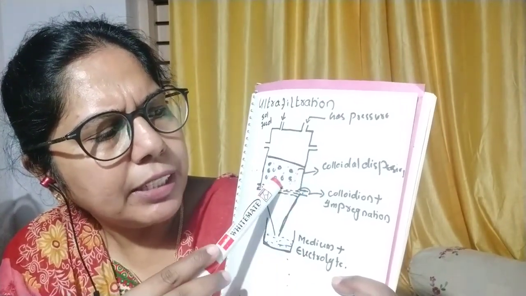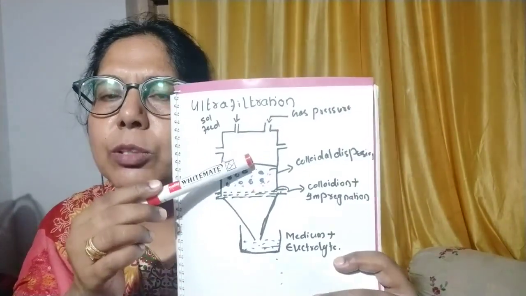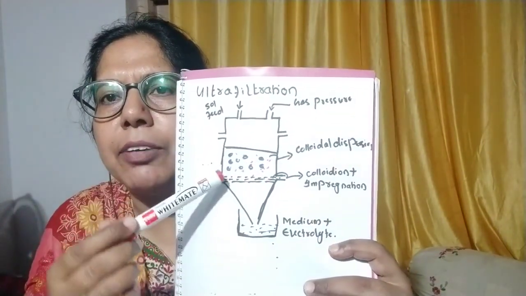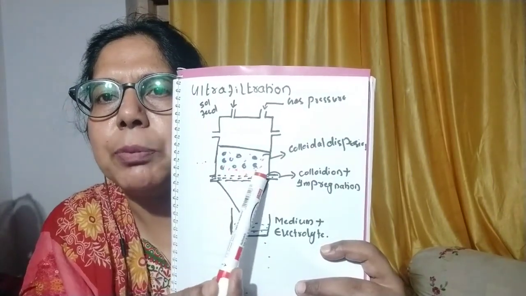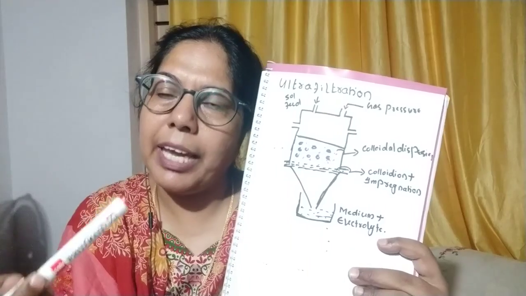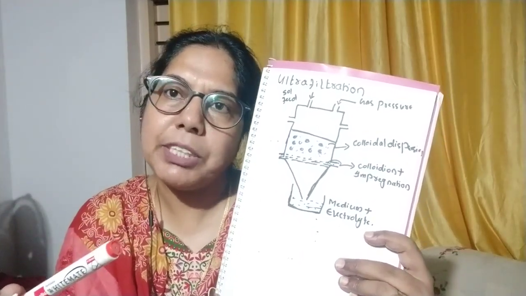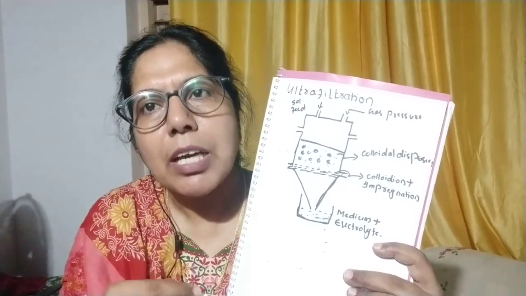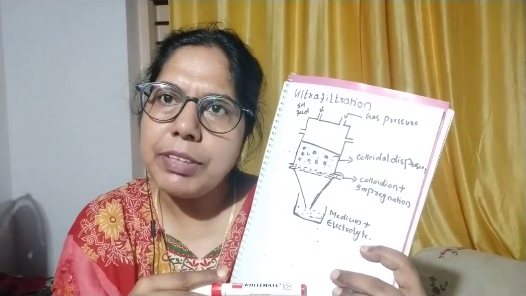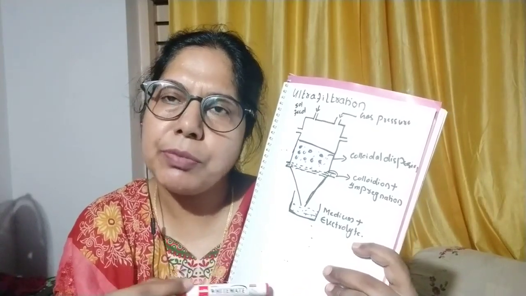Here is the colloidal dispersion, the colloidal impregnation. The dialysate will come out and the colloidal dispersion will remain here as a slimy mass. This colloidal dispersion we will take out, mix with a suitable dispersion medium and prepare the colloidal dispersion.